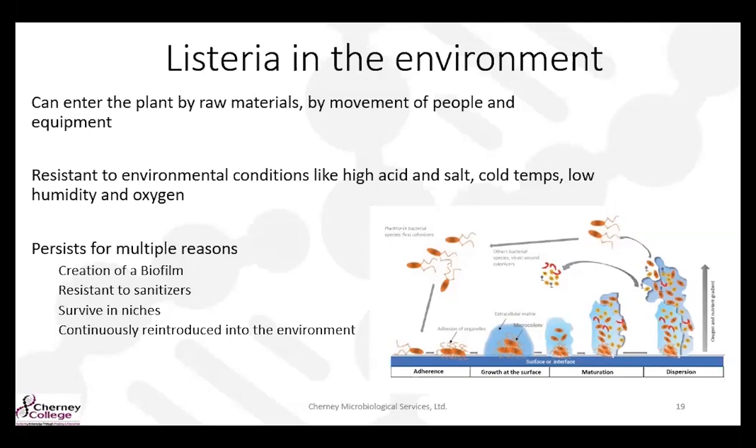If you're not familiar with biofilms, it's when a collection of bacteria is able to grow together and produce a polymeric substance that's like a slimy residue that protects those bacteria, and they're able to grow and proliferate, and then eventually they're able to continuously reintroduce themselves into the environment through dispersion after that biofilm has matured.